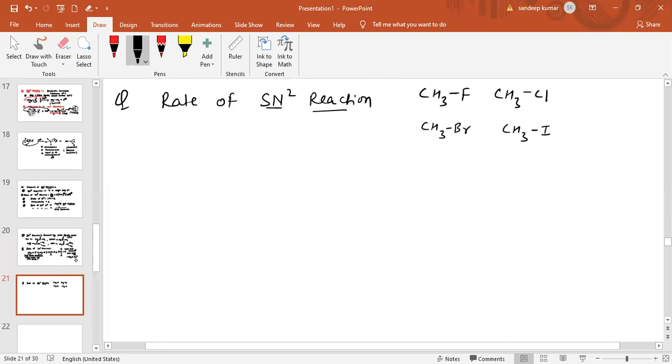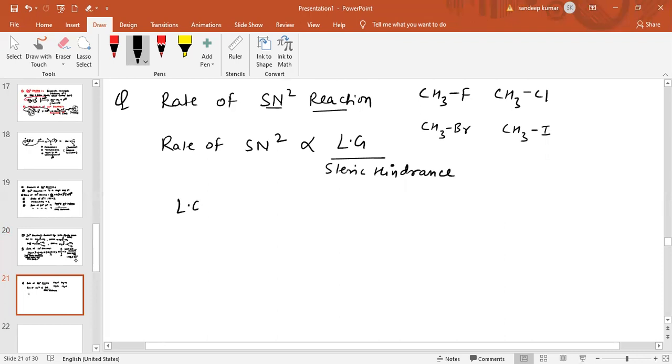Now we know the rate of SN2 is inversely proportional to steric hindrance and directly proportional to leaving group ability.